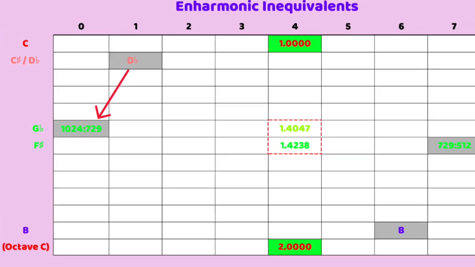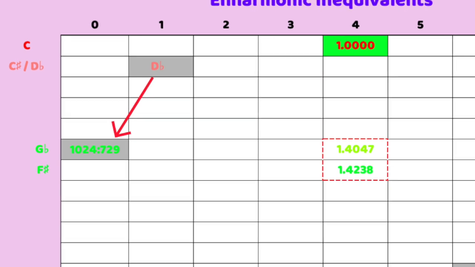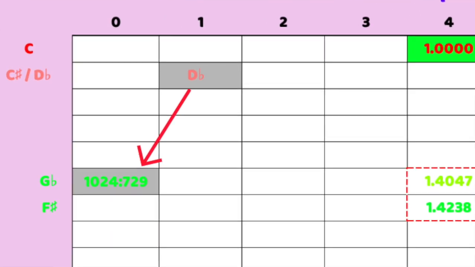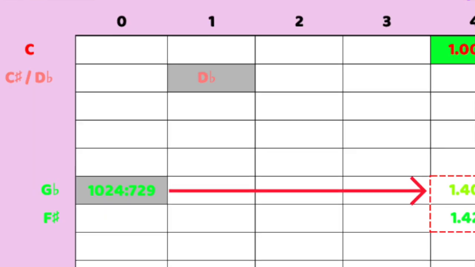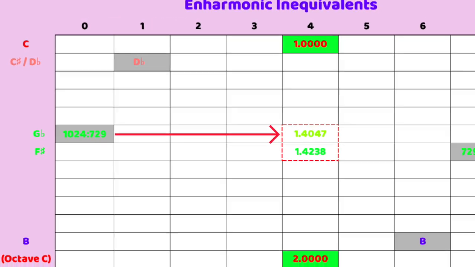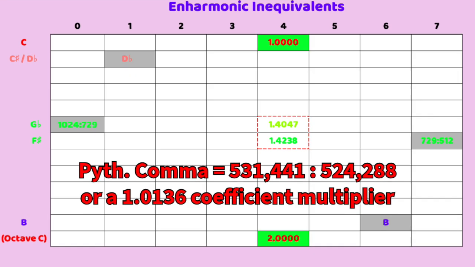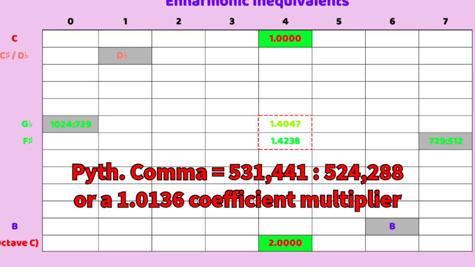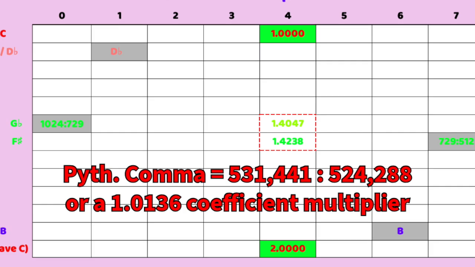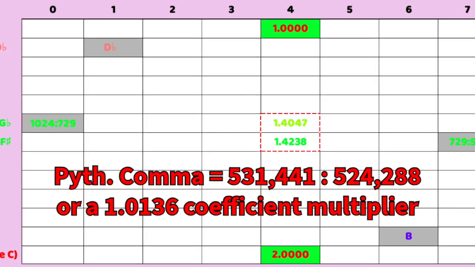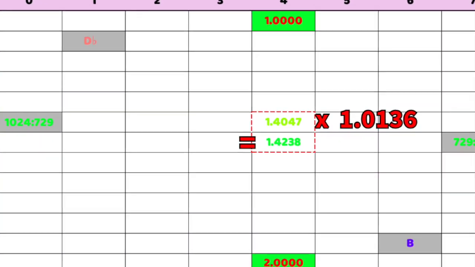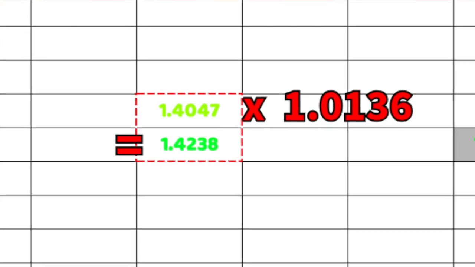G flat 0 is derived by descending in perfect fifths from D flat 1 and is a whopping 1024 to 729 ratio, and a coefficient of 1.4047. And the Pythagorean comma, with a ratio of 531,441 to 524,288, or 1.0136 coefficient multiplier, which explains the two numbers quite well, I must say.